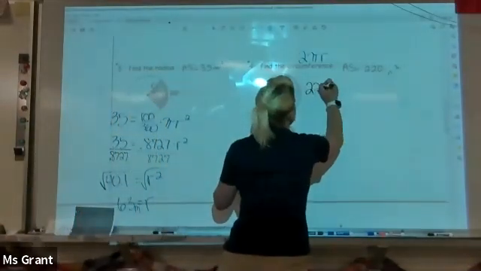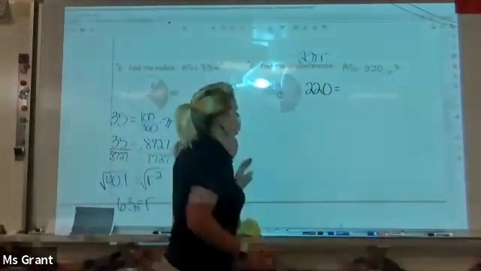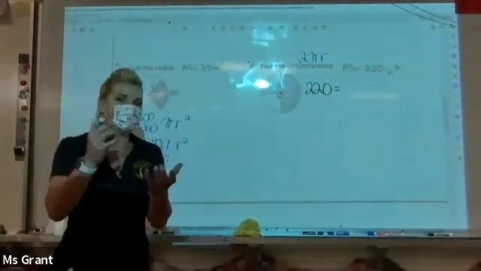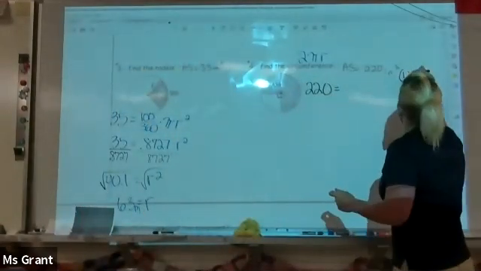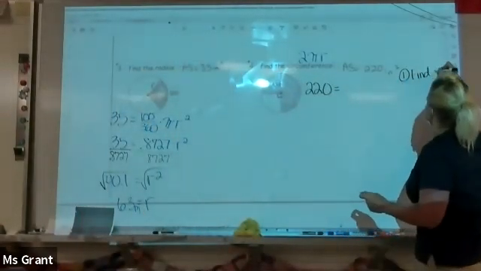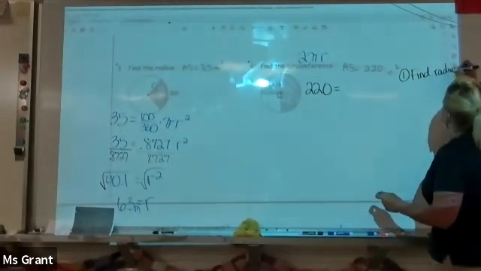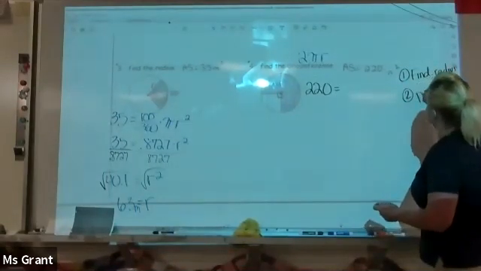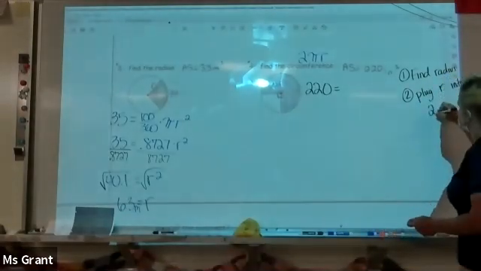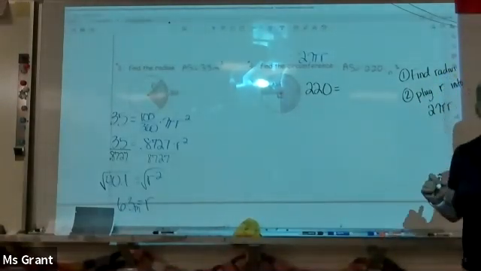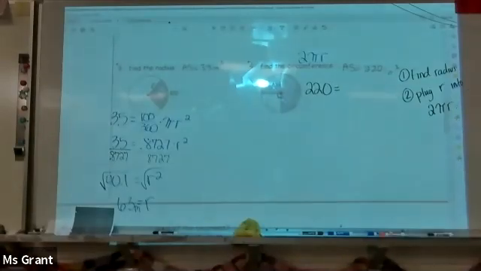Great, 220 equals. Because I need to find the radius, and then I can use the circumference formula. So first I need to find the radius, and then I can plug the radius into 2 pi r. Okay?